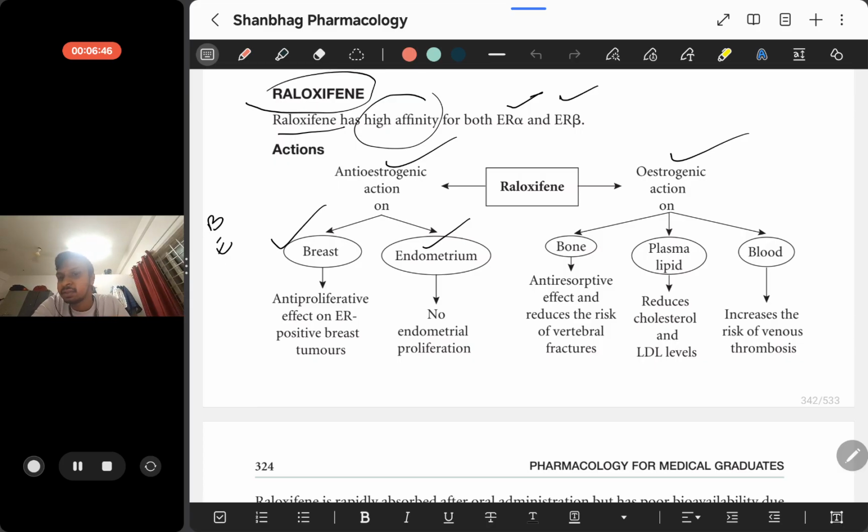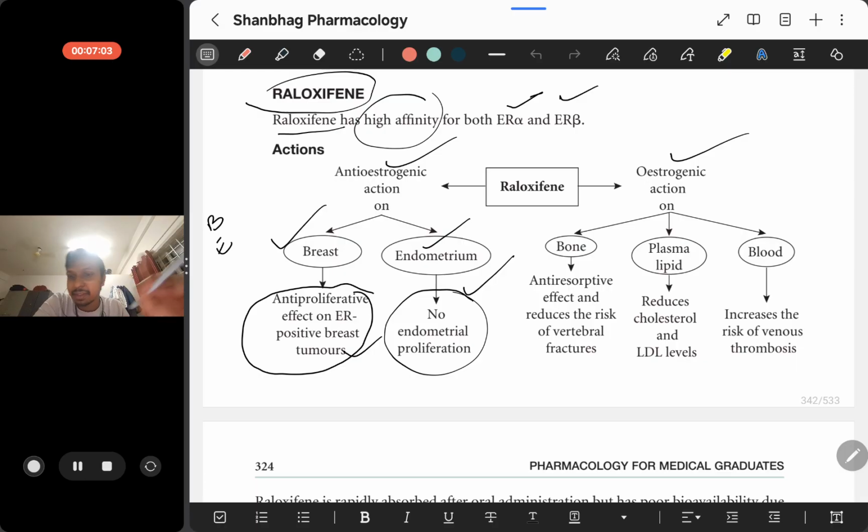Let's see what happens. There is an anti-proliferative effect on ER positive breast tumors. In the endometrium, there is no endometrial proliferation. This is a positive thing to be noted. With tamoxifen there was endometrial proliferation, but here there is none, so the chances of endometrial cancer might be reduced.